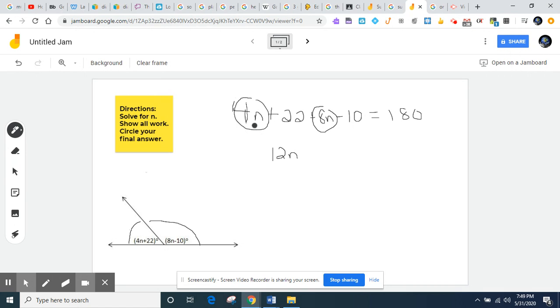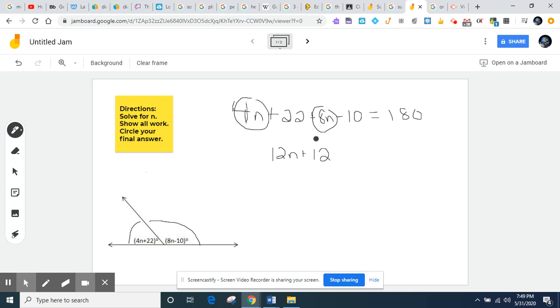What else are like terms? Okay, I see we have 22 here, which is positive, and negative 10. Now these are both constants, so we can combine these two together. So 22 minus 10 is going to give us a positive 12. So I'm going to go ahead and put plus 12 here.